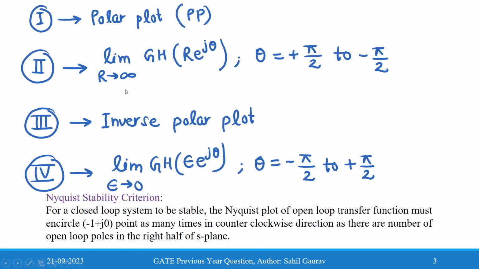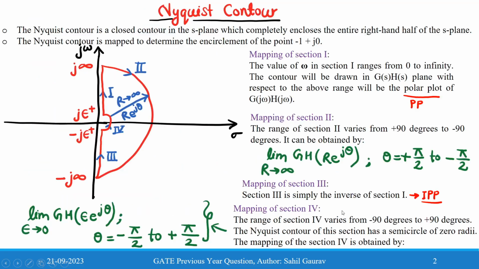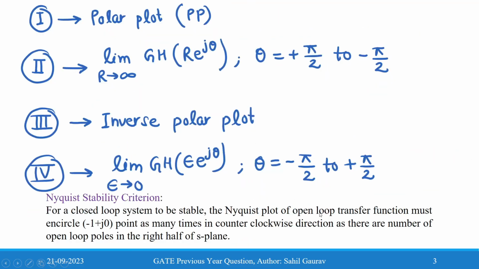Summarizing what we have seen: for section 1 we make the polar plot, and for section 2 we take the limit r tends to infinity of G H of r e to the power j theta. For section 3 we make the inverse polar plot, and for section 4 we apply a condition similar to section 2, but with the limit epsilon tends to 0, because section 2 has an infinite semicircle of radius r, while section 4 has a very small semicircle of zero radius.